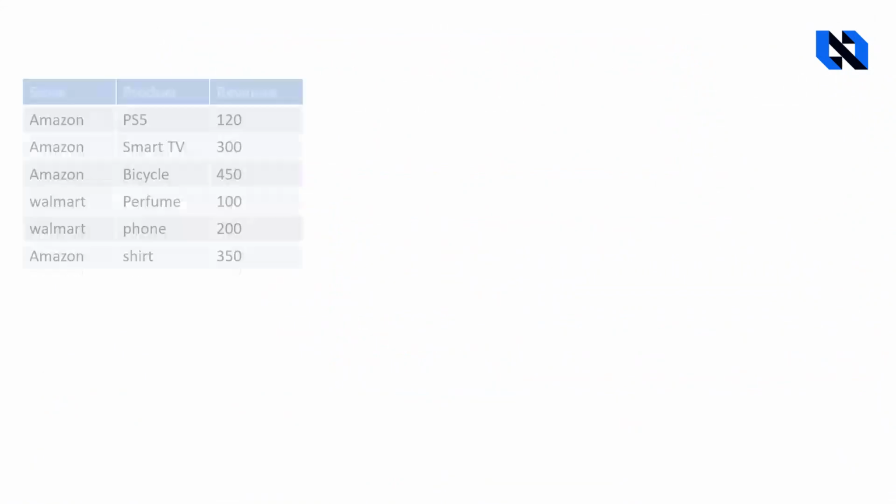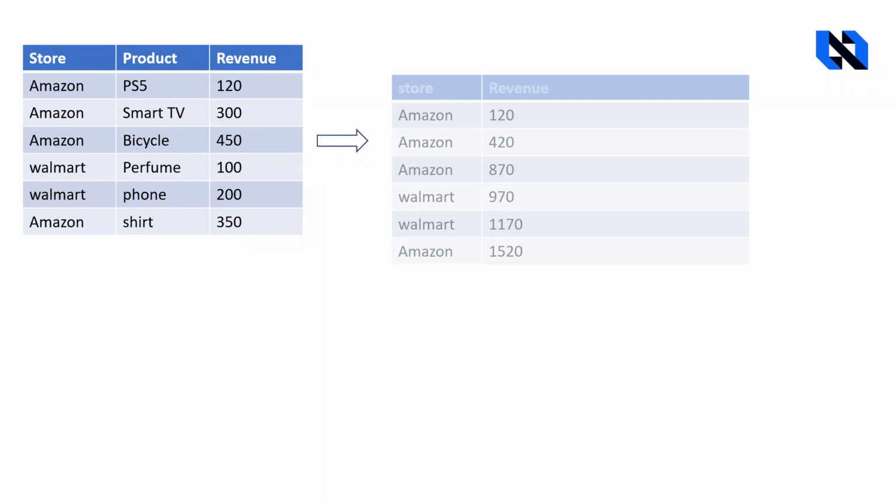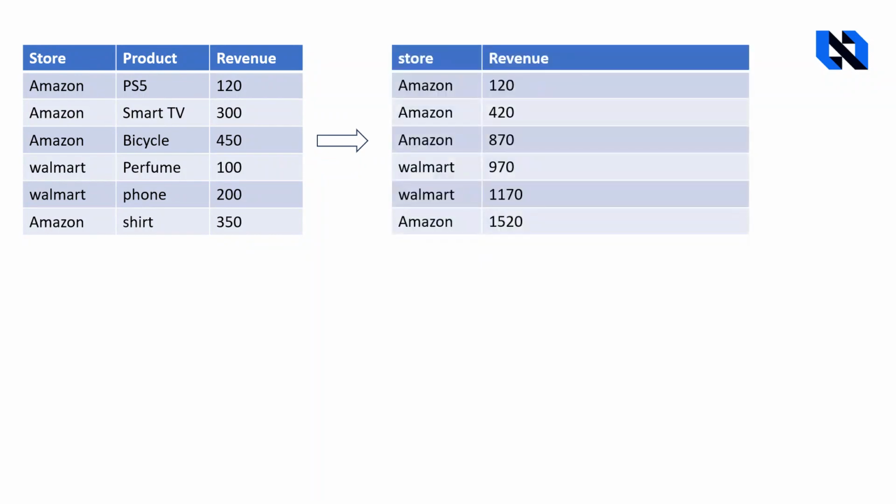Looking at the example on the screen, if I wanted to use a window function to get the cumulative sum of the revenue such that it does not return one value for the aggregation, I can write a window function and the final output would look like this. You can see how the revenue becomes a window function which operates on each set of rows and returns a single aggregated value for each row.